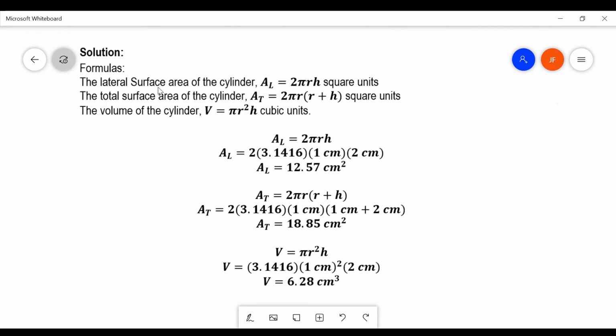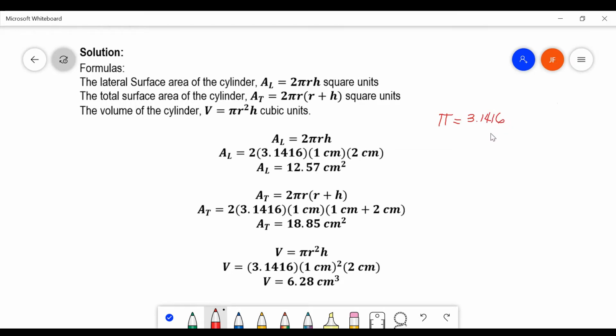The lateral surface area of a cylinder, A sub L, is equal to 2 pi r h square units, where pi is an irrational number, which is equal to an approximate value of 3.1416.